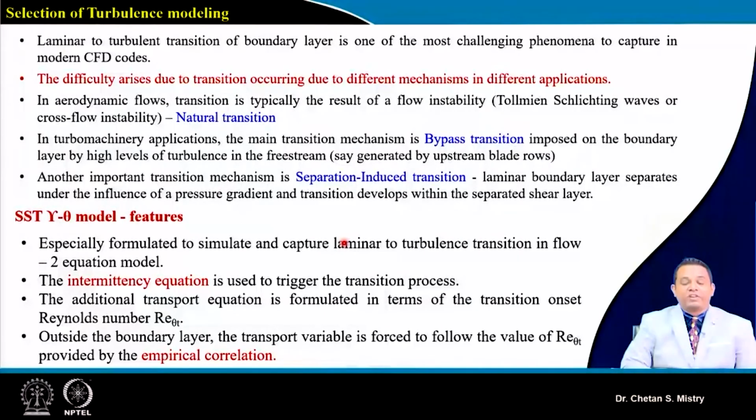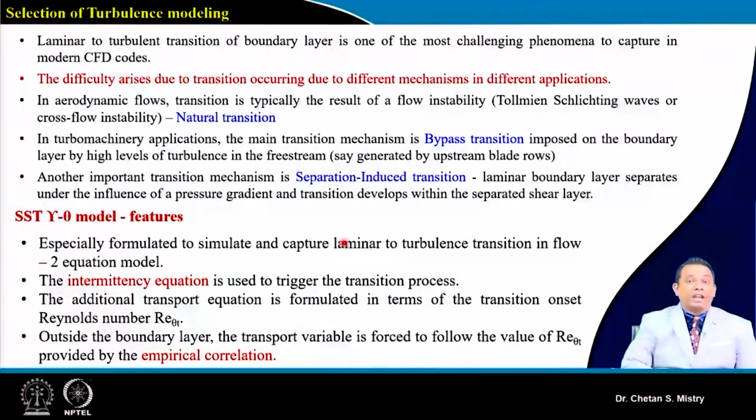We can say natural transition, bypass transition, or separation induced transition. Under that configuration, it is very difficult to understand what is happening on the blade suction surface. How the transition occurs and from where it occurs is of great interest, because that will decide how my flow behaves towards the trailing edge.